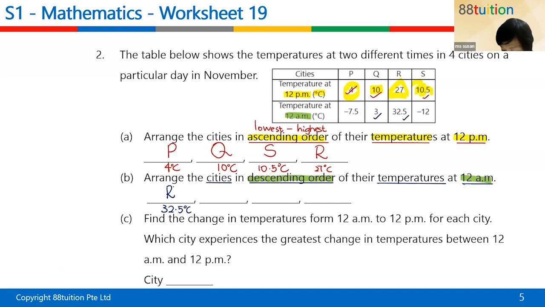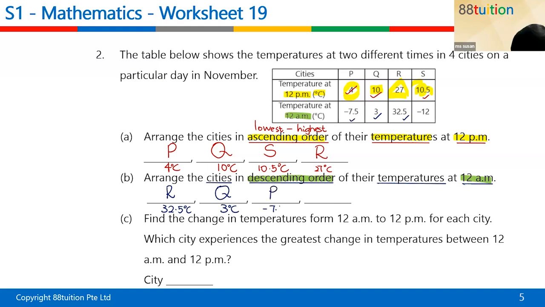Careful with the cities. They are talking about 12 a.m. So be very careful. They ask you for the 12 a.m., so you don't go to the temperature at 12 p.m. So 32 is the highest, followed by 3 degrees as the second highest. 3 degrees will be at Q. Then P will be at minus 7.5.